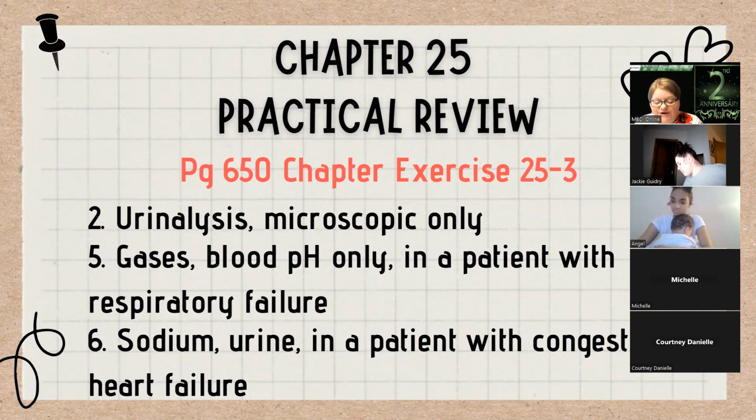So under failure, let's see, it's alphabetized. We're looking for respiratory. So we're gonna follow that first indentation down, and you're gonna follow it through all the columns so you get to what you need. All right, so failure, heart.